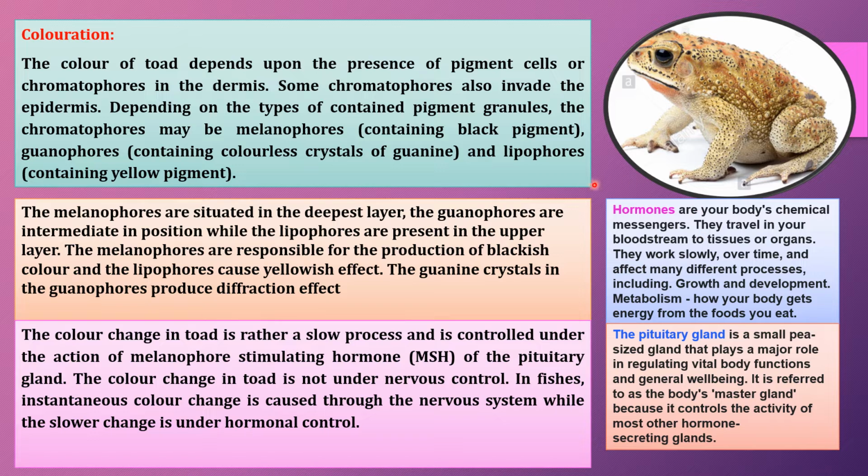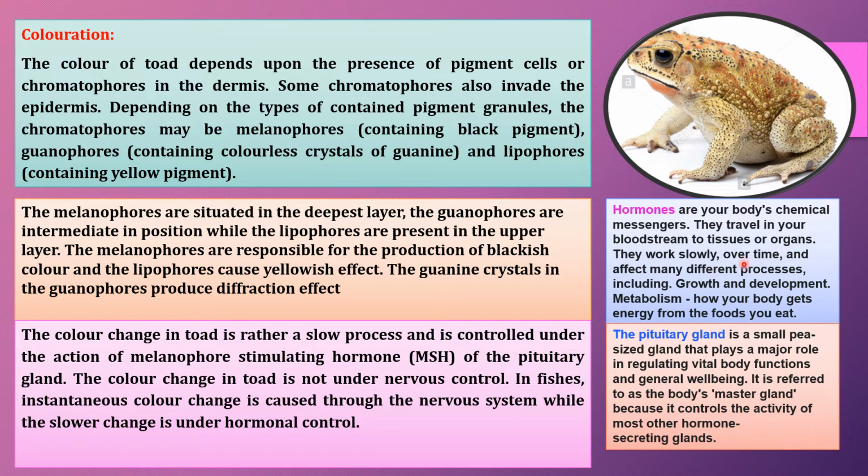They travel in your bloodstream, that means within the blood, to tissues or organs. That means they carry the messages through the blood to the tissues or organs from the different parts of our body or from the toad.